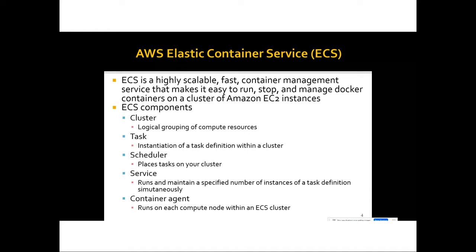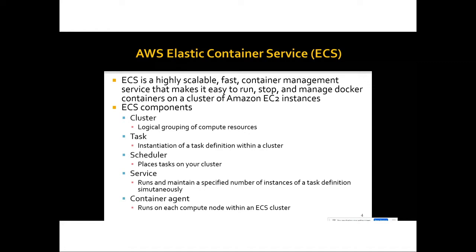First is the cluster. Okay, so a large grouping of compute resources. Here, the majority of the time the compute resources are EC2 instances. And the task. A task is an instantiation of a task definition within a cluster.